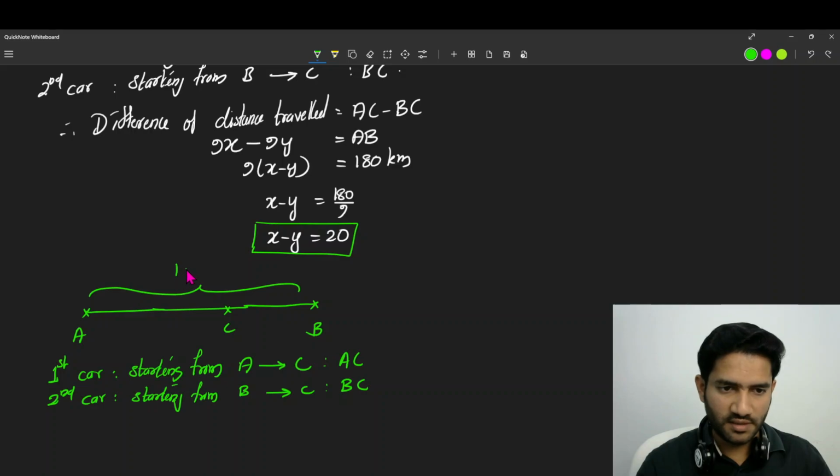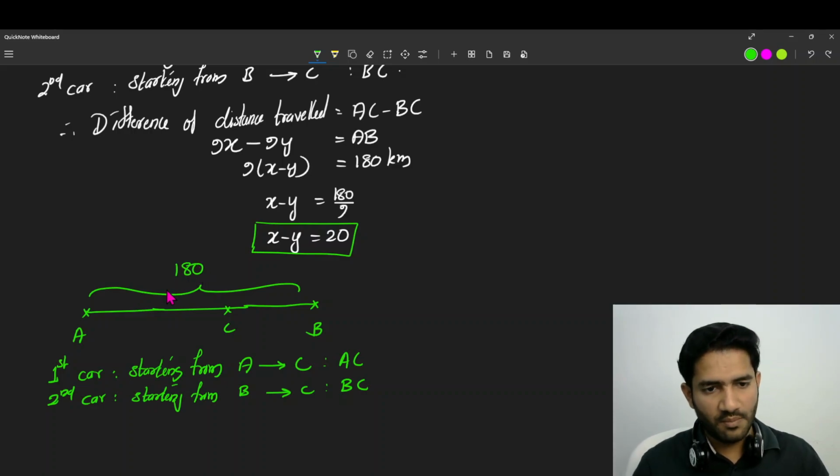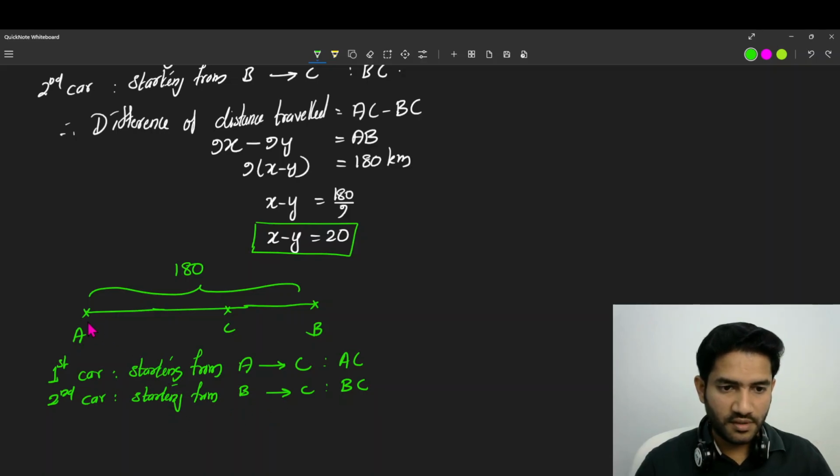AB is 180. So AC plus BC is equal to AB.